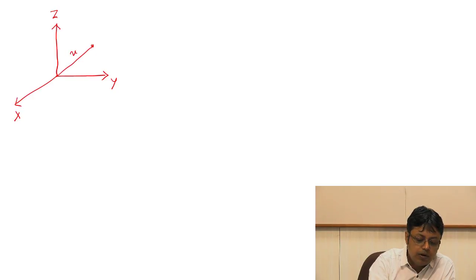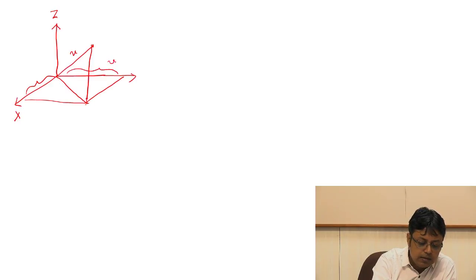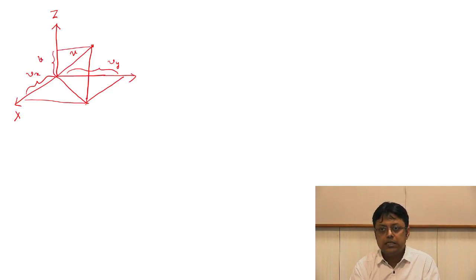So the x component of the velocity is, if I just draw the projection on the xy plane and then draw a line here, this is the x component of the velocity, and similarly this will be the y component of the velocity. So this is Vy, this is Vx, and this is Vz. So these are the XYZ components of it.